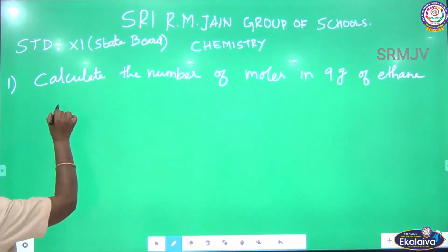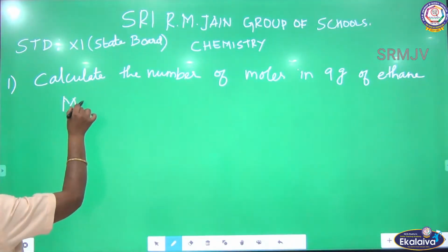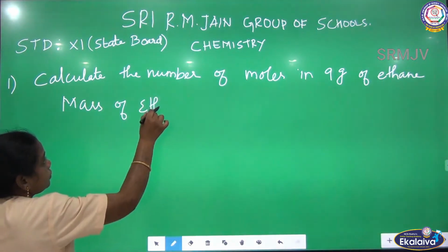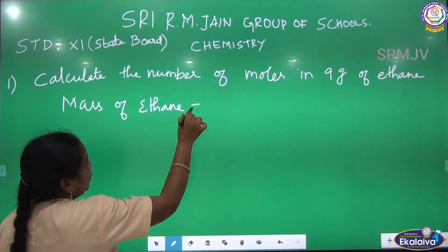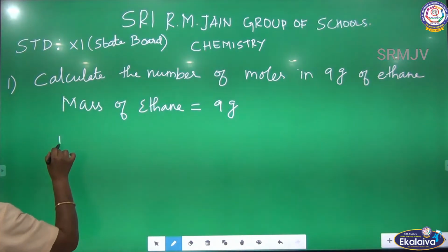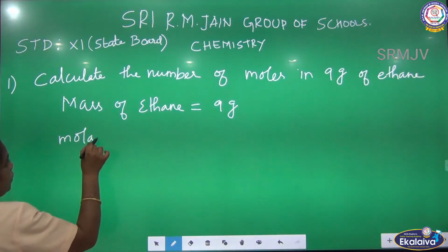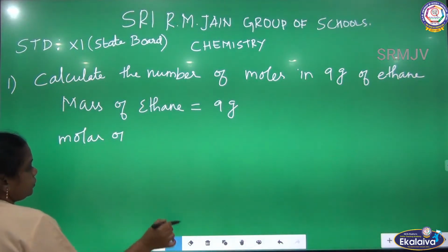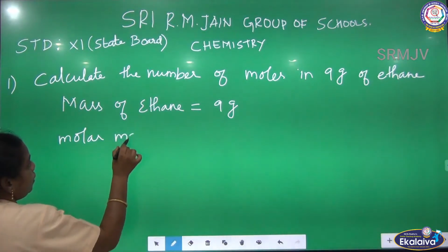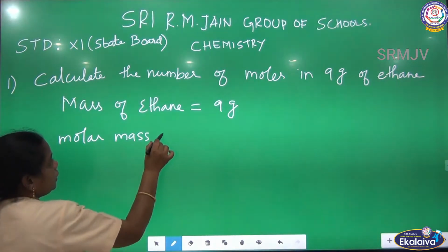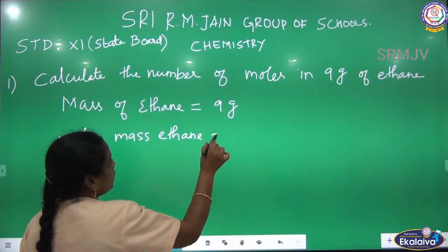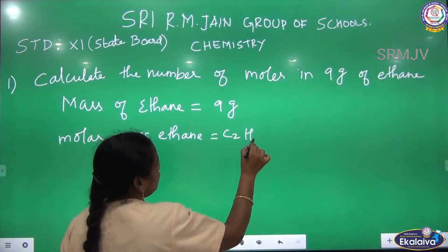First you have to write the mass of ethane equal to 9 gram. Next the molar mass, molecular mass or molar mass of ethane is C2H6.